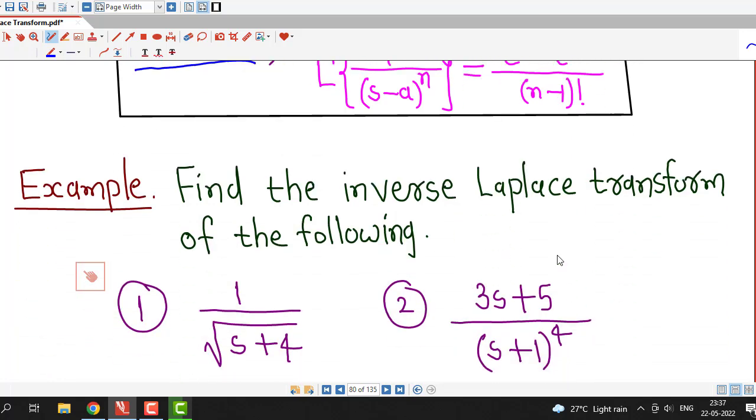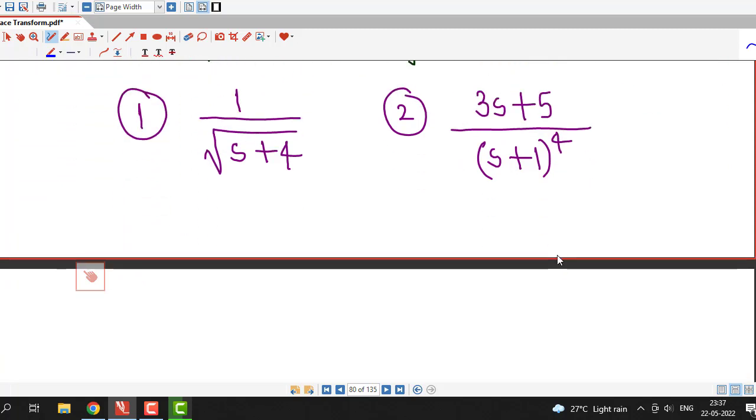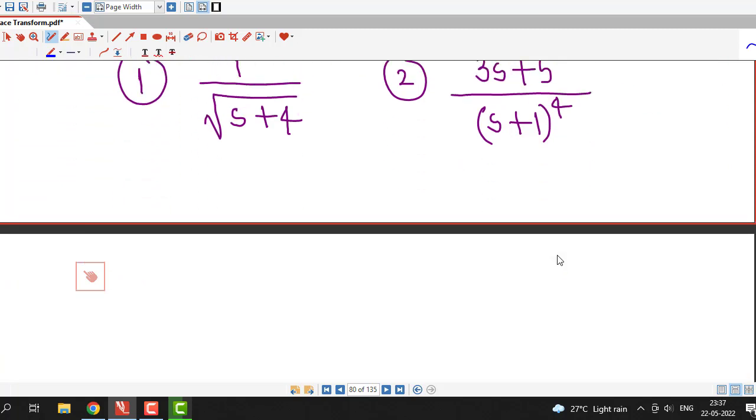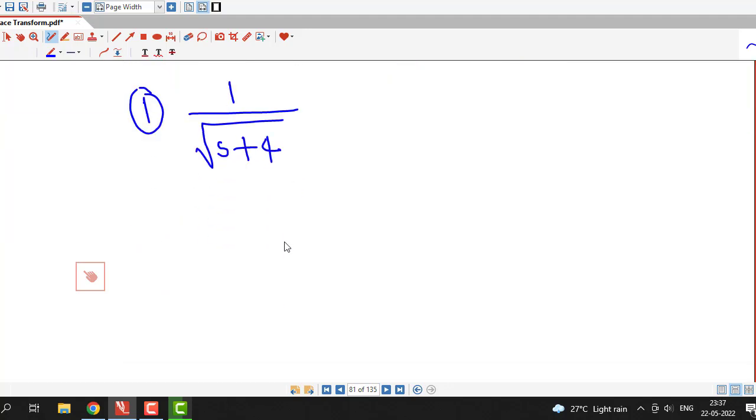So we consider two functions and try to find their inverse Laplace transform using this formula. The first function is 1 divided by square root of s plus 4, and I want to obtain the inverse Laplace transform of this function.